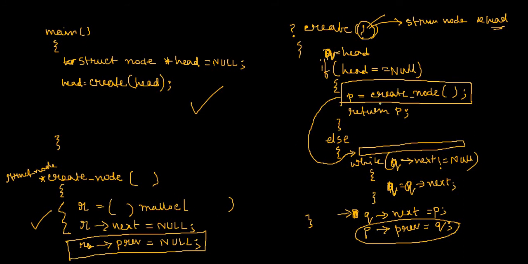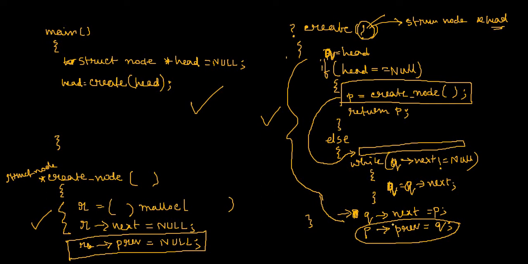And in this case also, everything is the same till this part. Only new thing is this. So that's why you can easily understand how close the logic is in the creation of a singly linked list and a doubly linked list, right? So I don't think you will have any trouble creating a doubly linked list if you have a good idea of creating a singly linked list too.